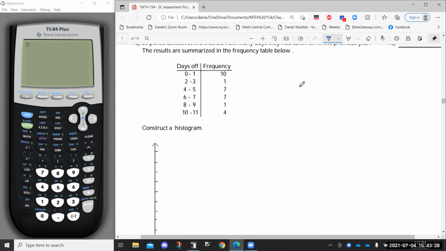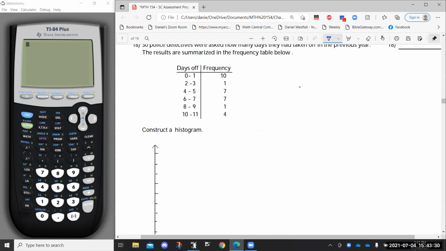Histogram, I talked about a histogram already. Usually histograms are going to be based off of probabilities or relative frequencies. So find f over n here.